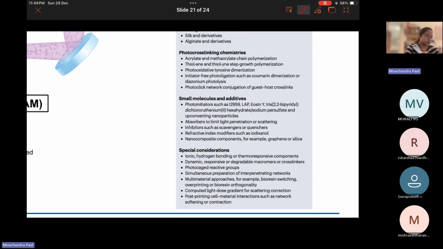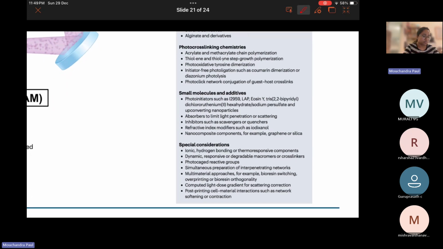Then some special points that one needs to consider is that you need to understand how the bioink components are getting cross-linked. So usually photo cross-linking happens, but the material can also respond to other cross-linking methods like temperature. So for example, GelMA, which is a derivative of gelatin.